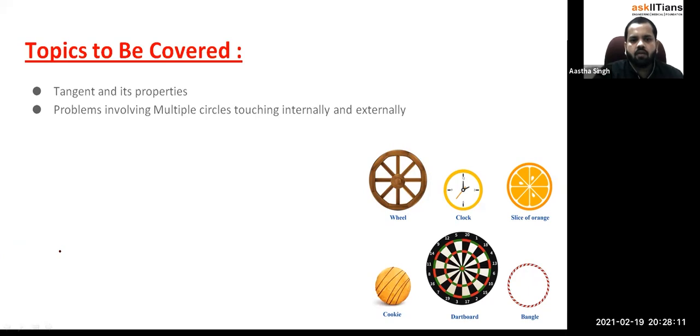So today we'll cover tangent and its properties, and problems involving multiple circles, internally and externally.